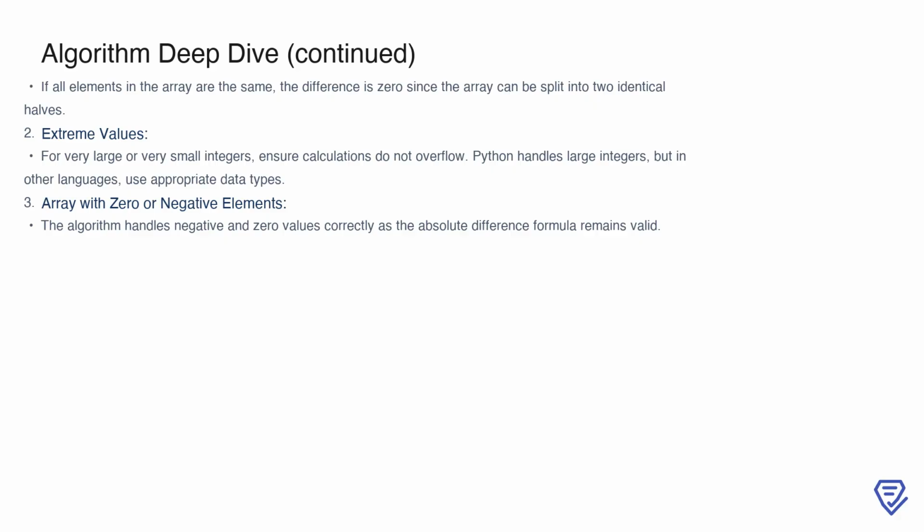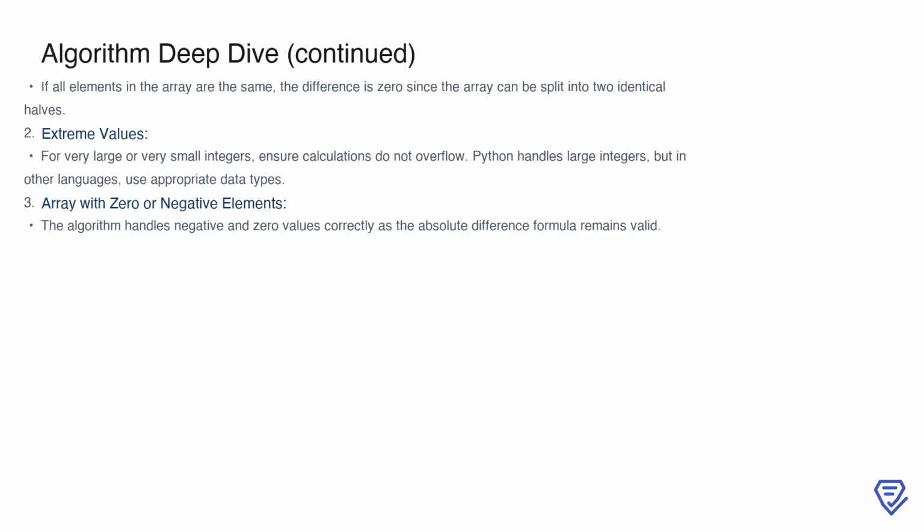It's important to consider edge cases to ensure the algorithm works correctly in all scenarios. If all elements in the array are the same, the difference is 0 because the array can be split into two identical halves. For arrays with very large or very small integers, it's critical to ensure calculations do not overflow. While Python handles large integers natively, other programming languages may require special data types to avoid overflow errors.